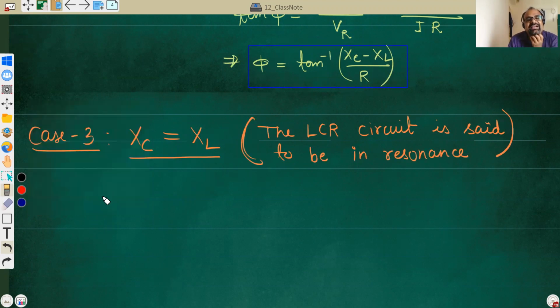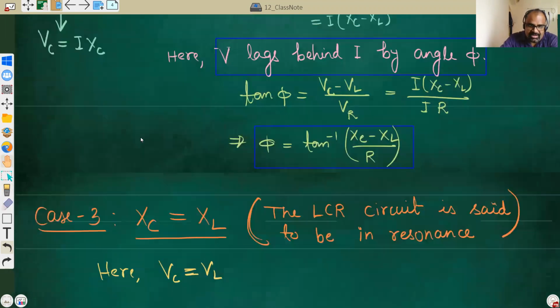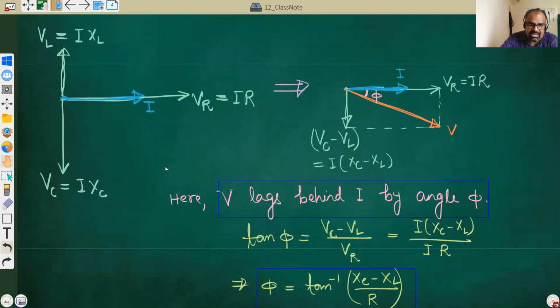So the first thing is that here VC and VL will be exactly equal, and the phasor diagram will look like what? I hope you have already understood what I'm going to say.